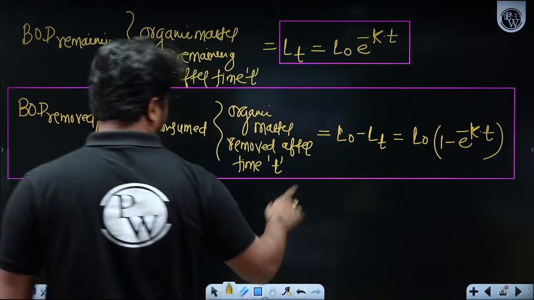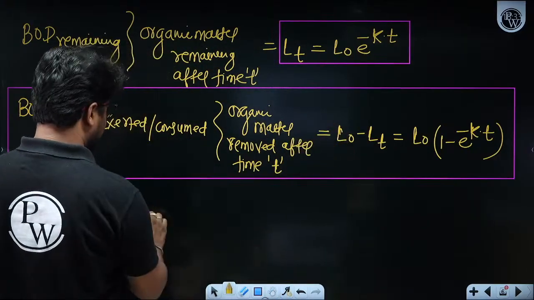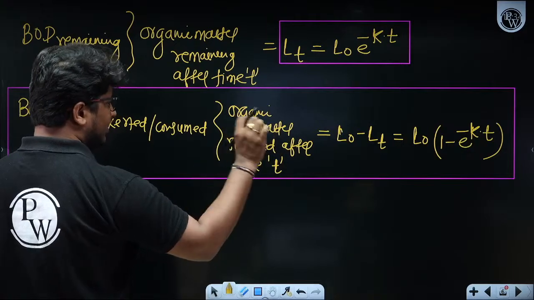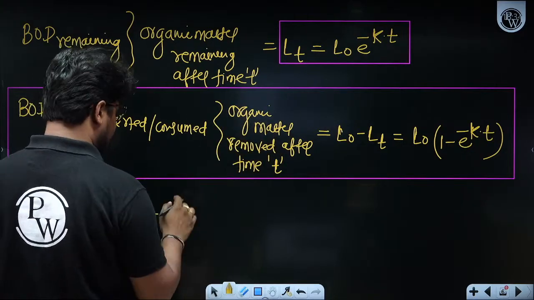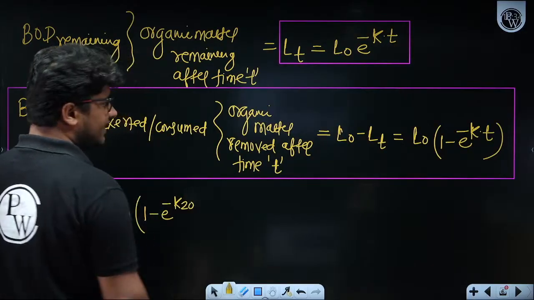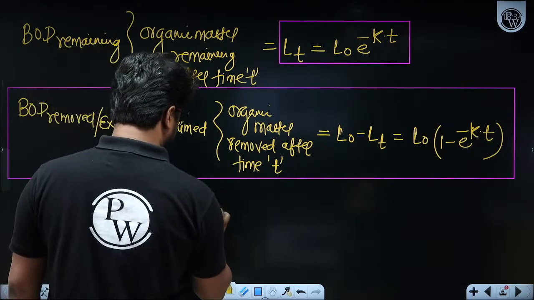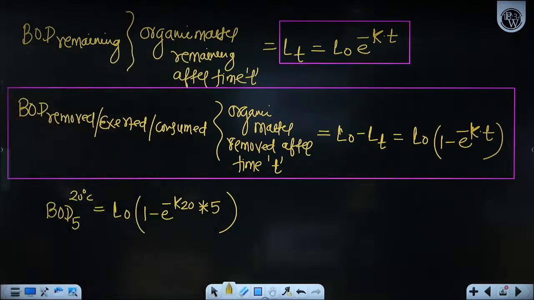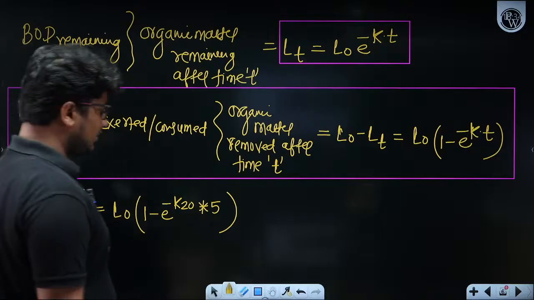How? Because in that equation you have 1 minus e to the power minus k t, k is the rate of reaction, and rate of reaction always depends on temperature. So e to the power minus K20 into 5. This will be the formula.